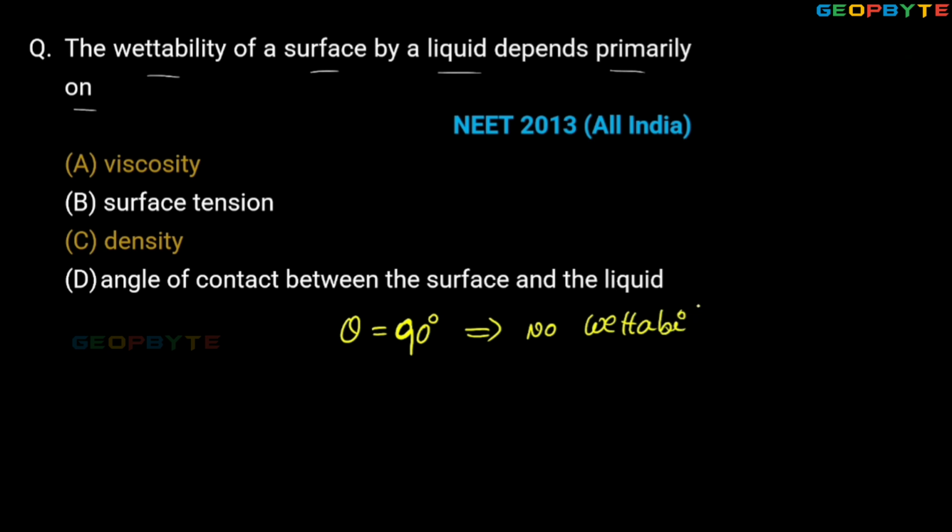Wettability of the solid surface is possible only when theta is less than 90 degrees but more than or equal to 0 degrees. Therefore, the angle of contact between the surface and liquid decides whether the solid surface is becoming wet or not. Understood clearly?